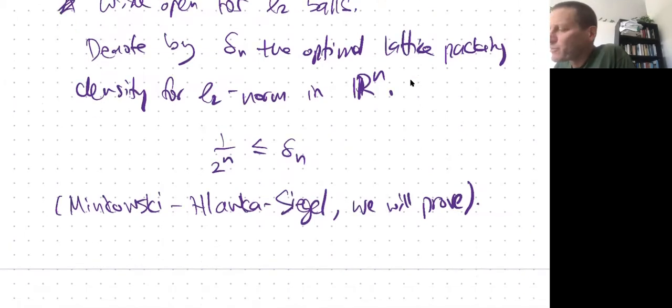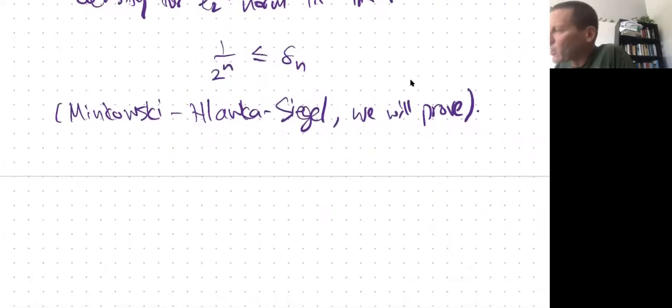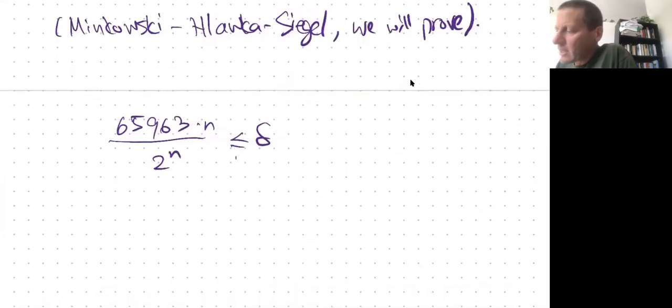There's a very slight improvement with the combination of a lot of work, and so 65963 n divided by 2 to the n is another lower bound. And this is Venkatesh, 2018.